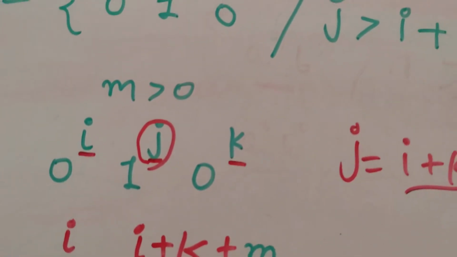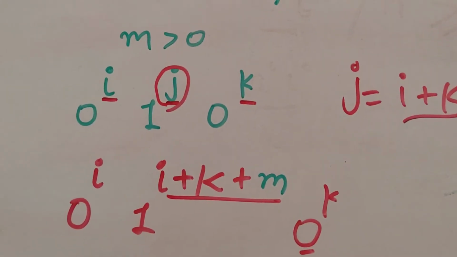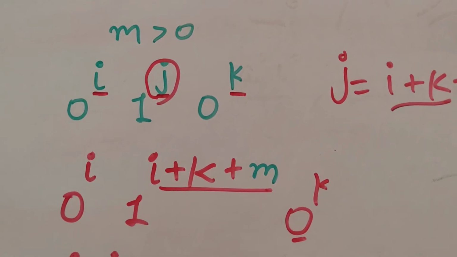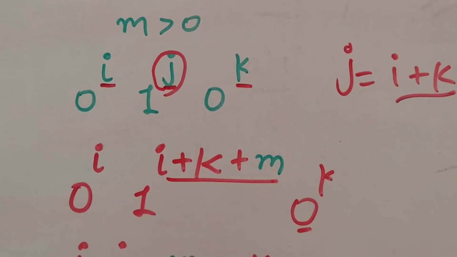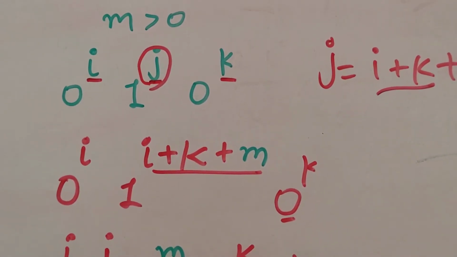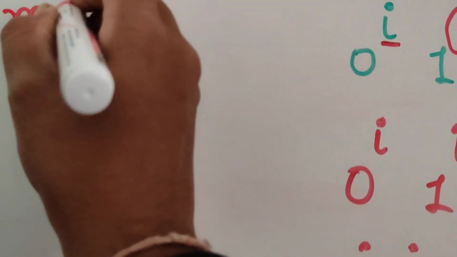Now already I told you that 1 raised to j, j has to be greater than i plus k. So i and k can be 0, but j has to be greater than that. So for making j bigger, we have taken a. So i plus k plus m. Now m is greater than 0.